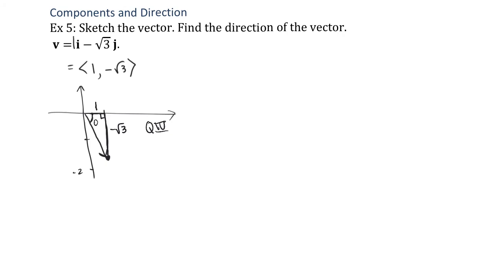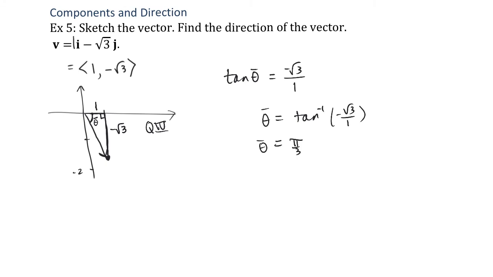well, the tangent of the reference angle would be opposite over adjacent, so negative square root of 3 over 1, and then just find the arctan. Right, or if you just have that memorized, that is pi over 3.